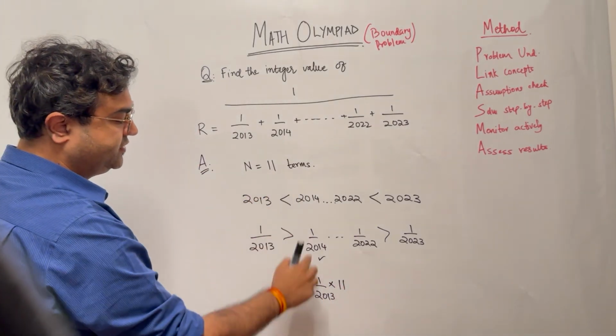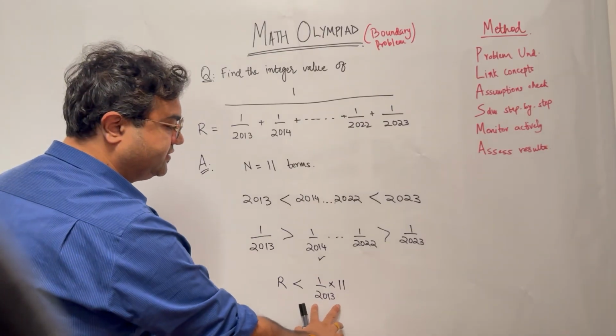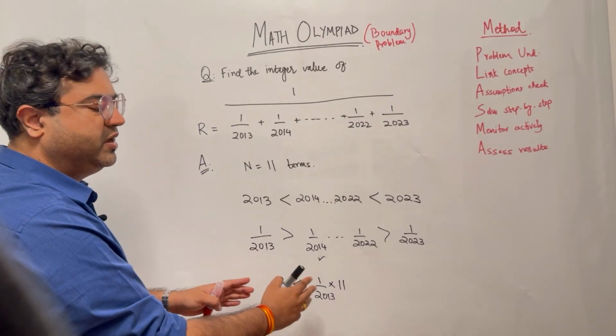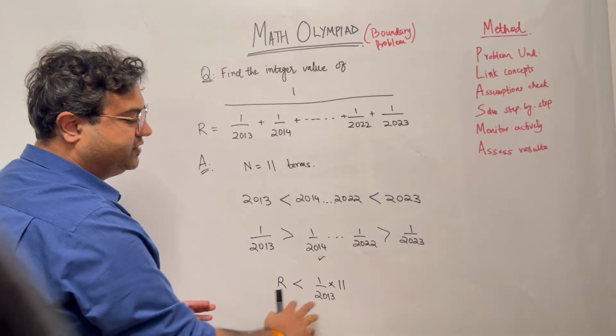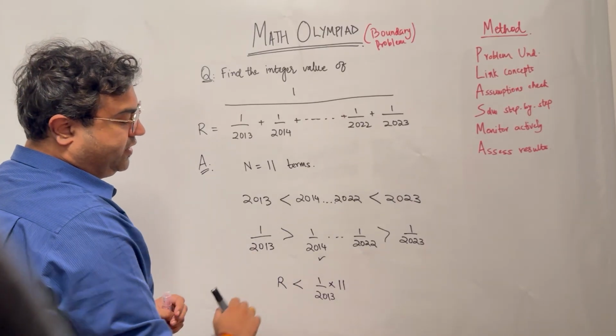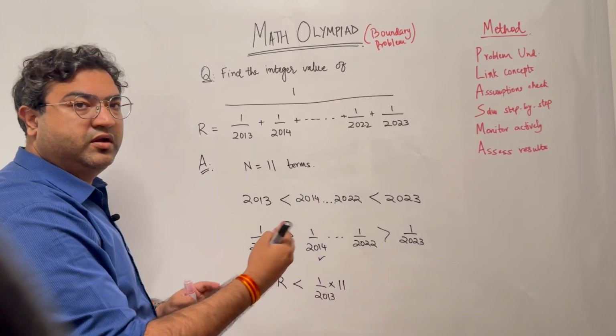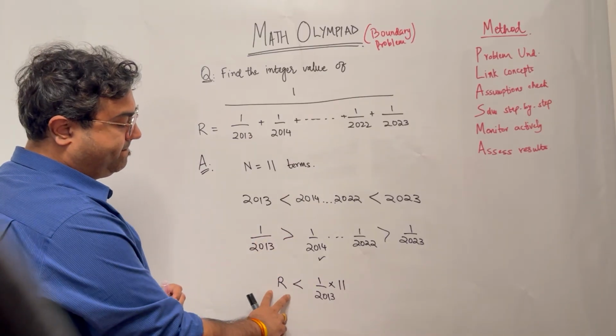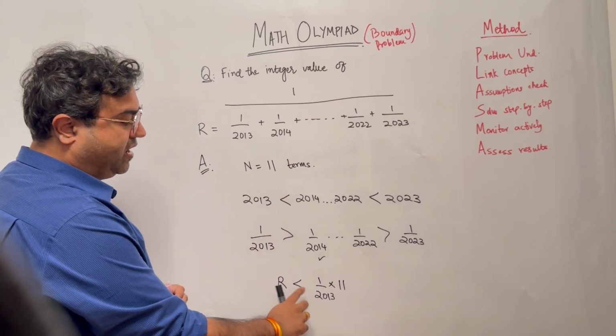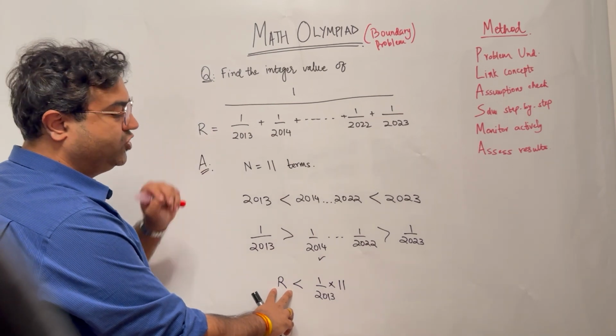There are 11 terms, and all of those numbers are less than 1 upon 2013 except the first one, which equals it. This is our upper bound for R in the denominator.